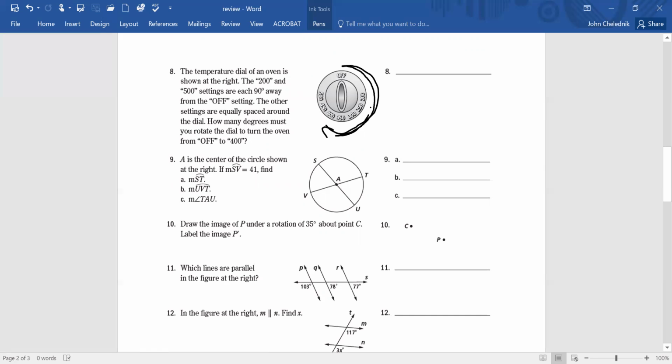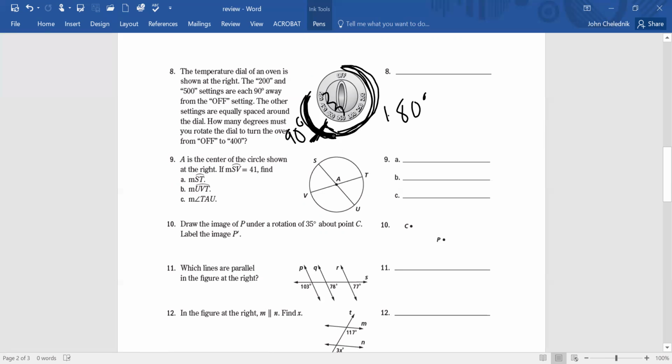From here to here is half the circle. That's 180 degrees. And from here to here is 90 degrees. But we're not going the full way to 500. We're stopping right here at 400. So from here to here is 3 spaces. Those 3 spaces make 90 degrees.